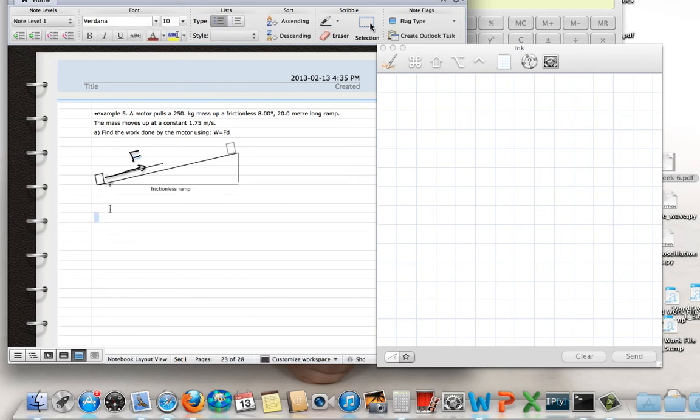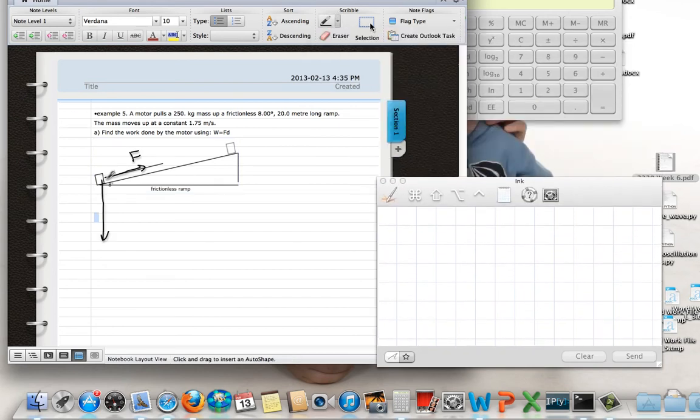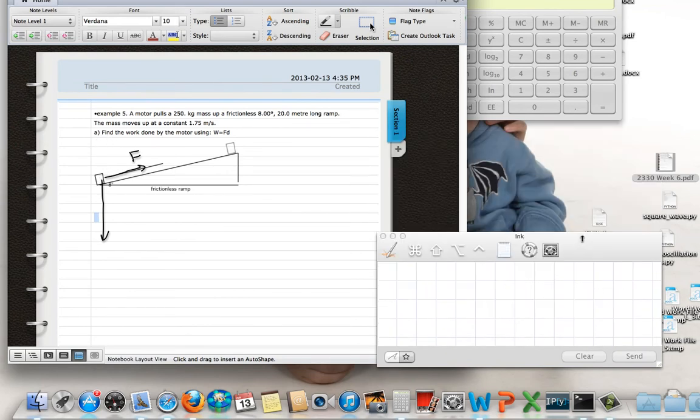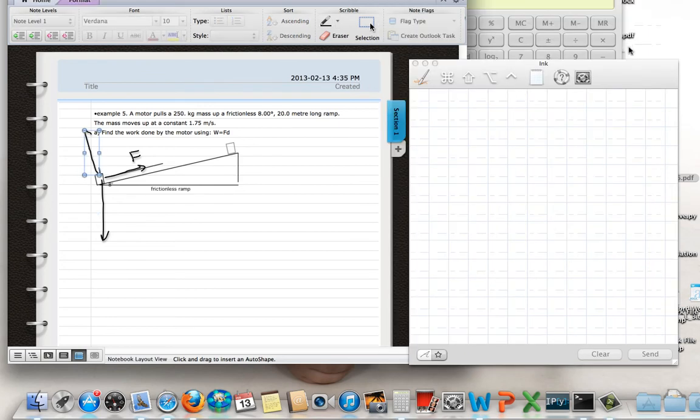That's mg. And then there'll be a normal force perpendicular to the ramp. Okay, the ramp is frictionless, so there's no friction force.